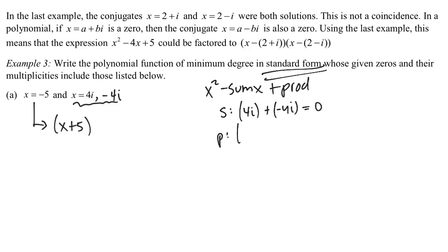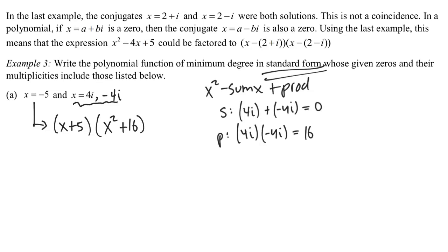And then the product of those two numbers, which is going to end up giving me positive 16. And so my irreducible quadratic is going to be x squared minus the sum x. Well, the sum is 0, so I don't really need to put minus 0x, and then plus 16.